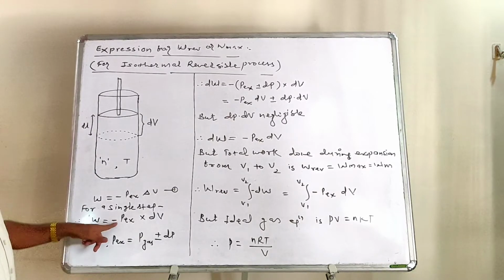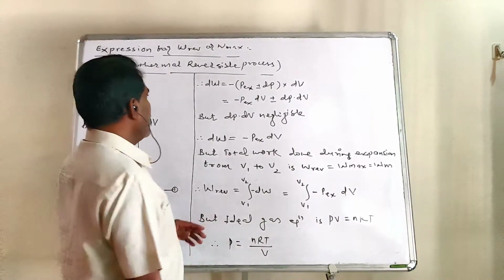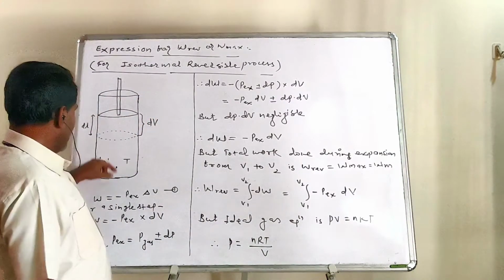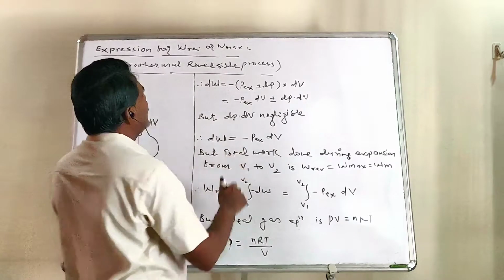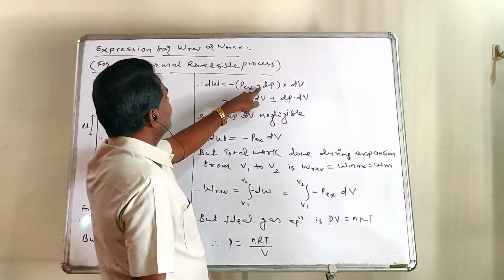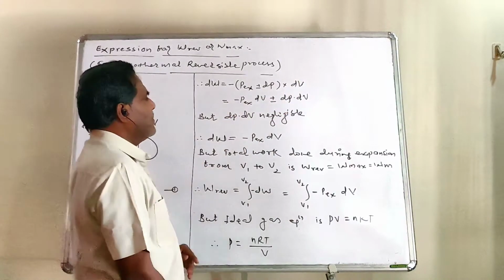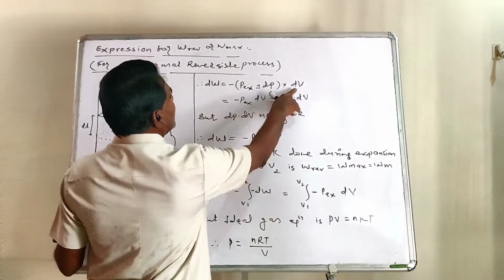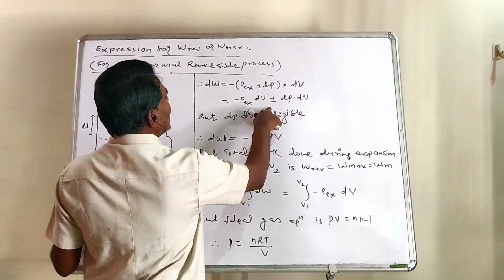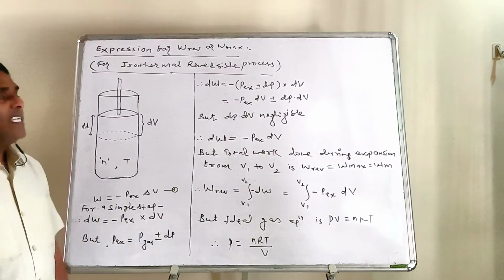But we have just seen P external is P gas plus minus dP. Now, small amount of work done in one step for expansion, dW will be equal to minus P external plus minus dP, complete bracket, multiplied by dV. If we simplify this, it is minus P external into dV plus minus dP dV. What is dP dV?